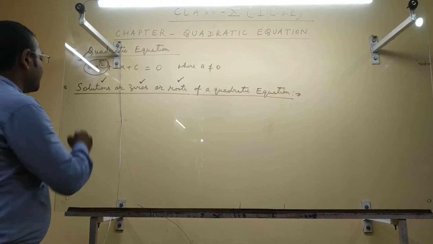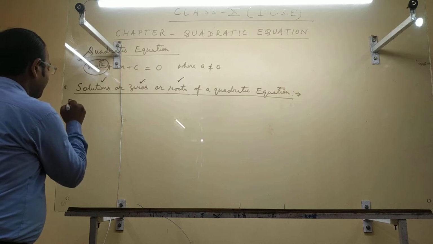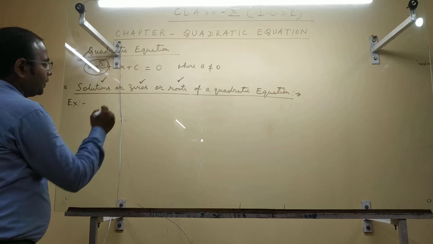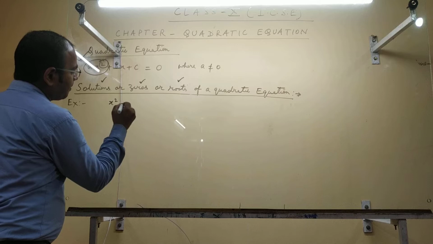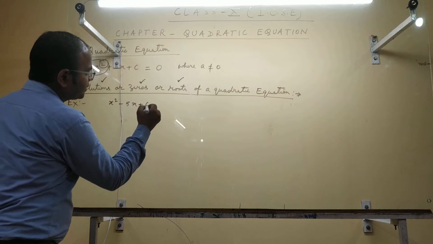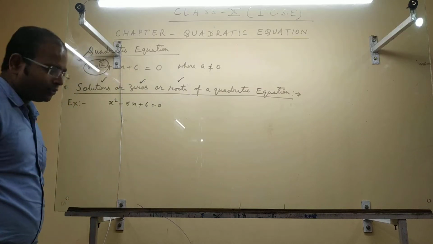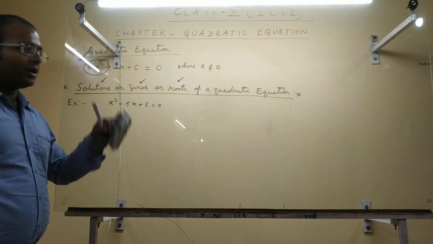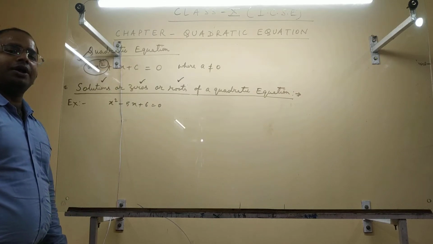So let us take an example. x square minus 5x plus 6 equals to 0. So this is a standard form of a quadratic equation.